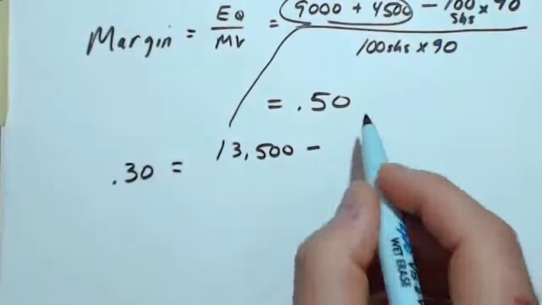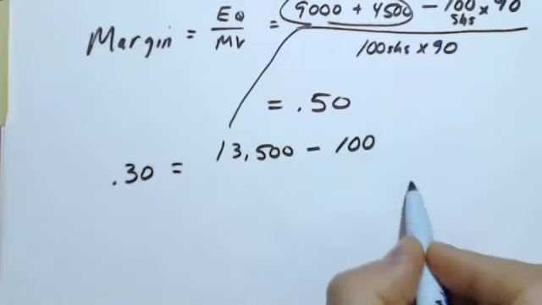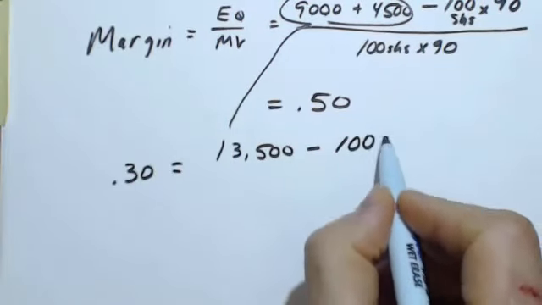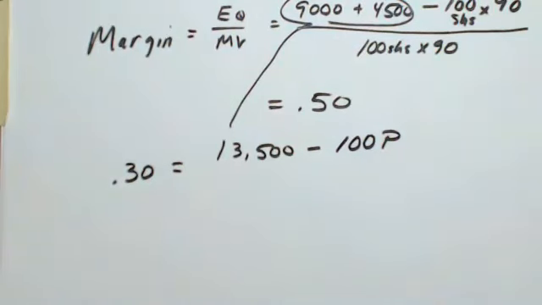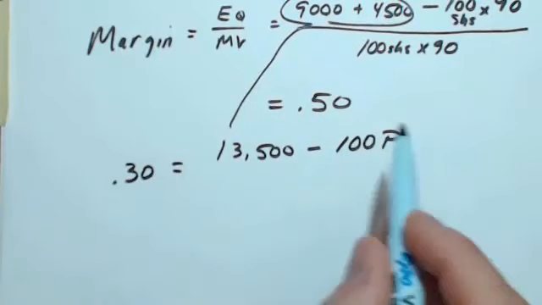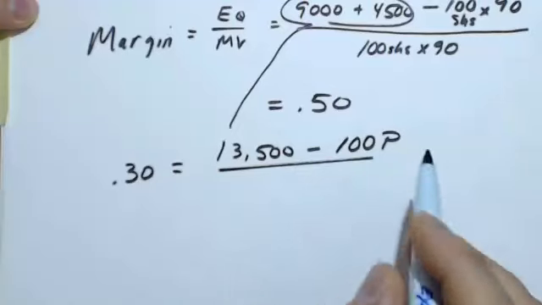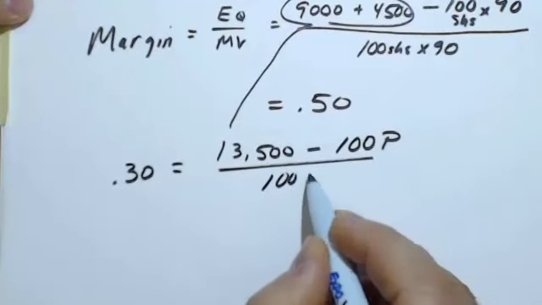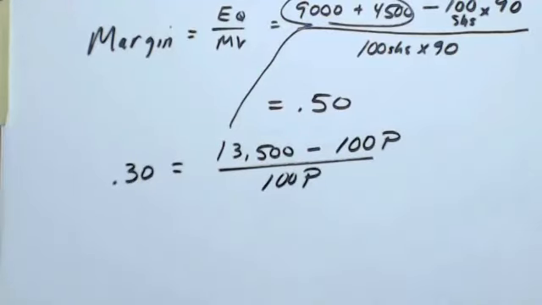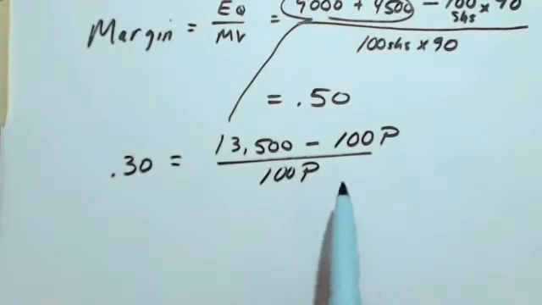And your liability here is going to be 100 shares times P. P is the price, and we're going to solve for P to figure out the price at which you get a house call, the point at which you get 30% margin equity in other words. And we're going to divide this by 100 shares times P, okay, the market value of those assets. Now, we're going to solve for P.